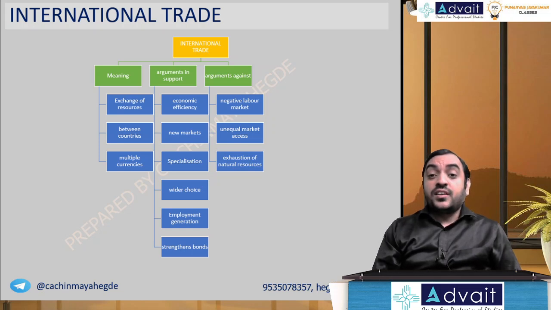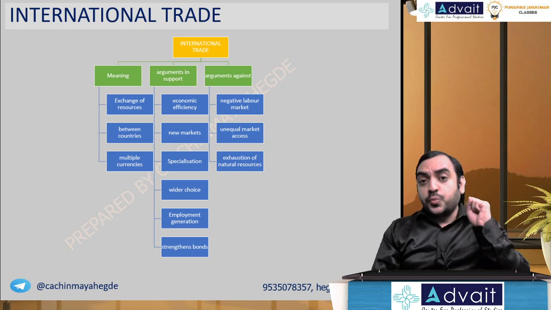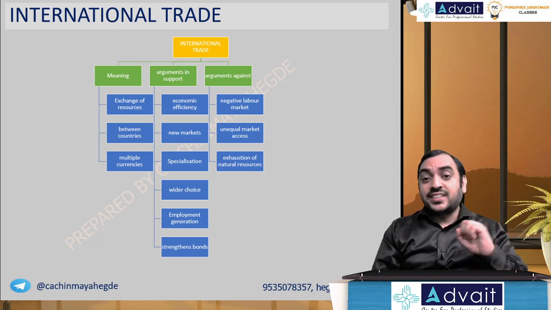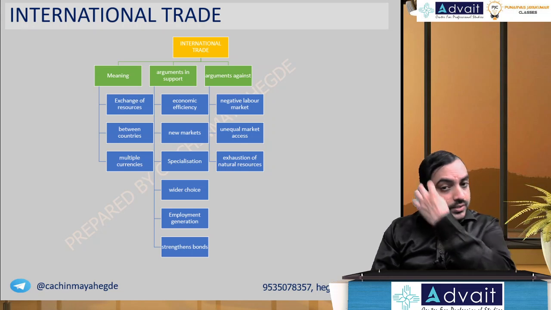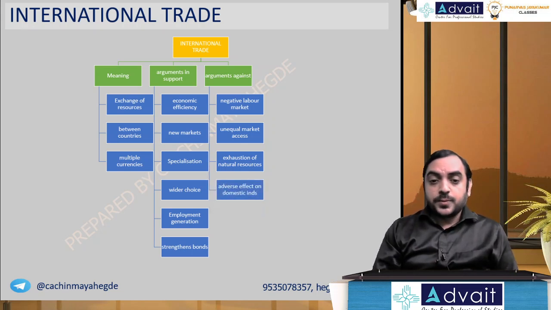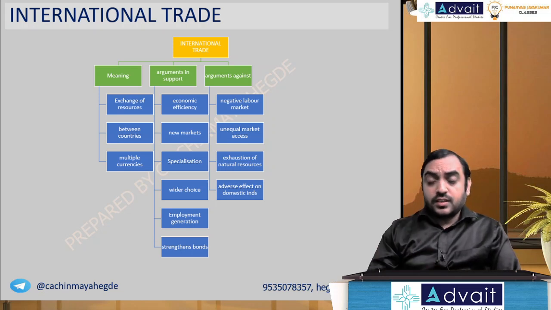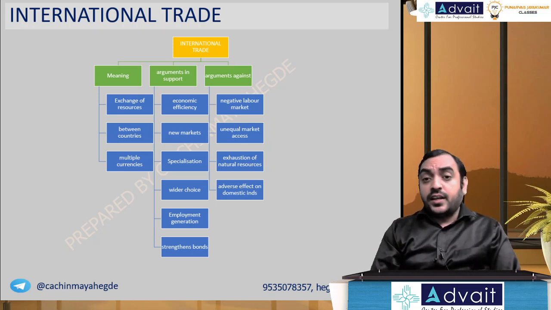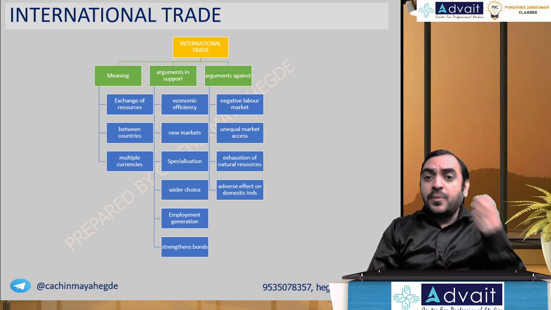Exhaustion of natural resources, because India is rich in natural resources, maybe mining, iron, they can extract, and they exploit too much, and the natural resource gets depleted. Even energy, maybe petrol, all of those are exhaustible resources. Adverse effect on domestic industries. When Amazon came into India, you see that your habit itself has changed.